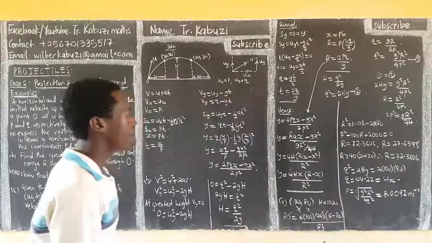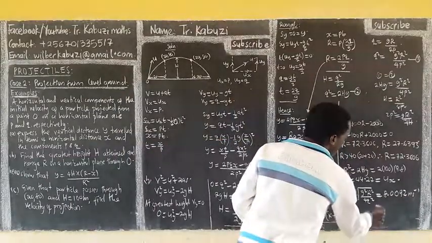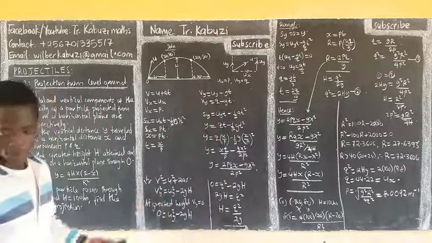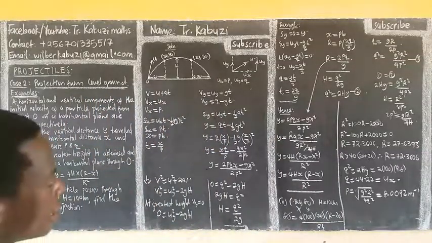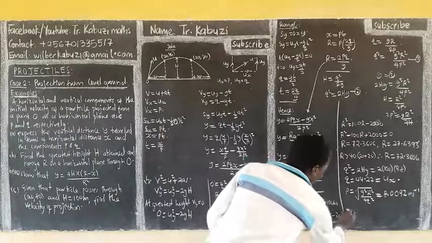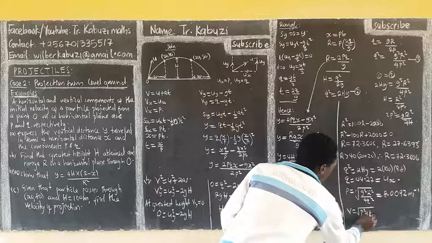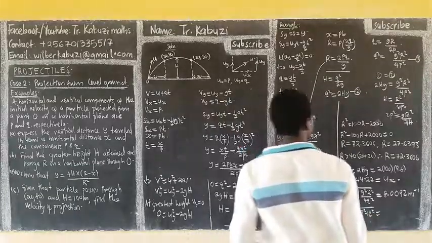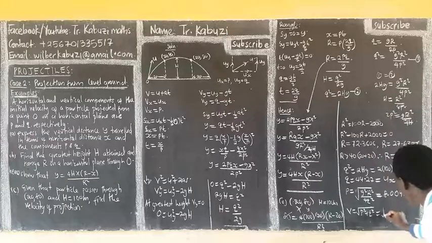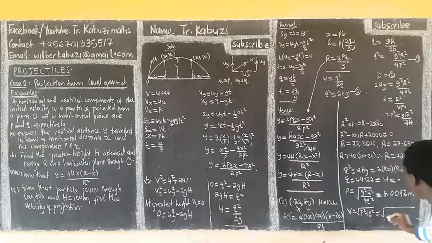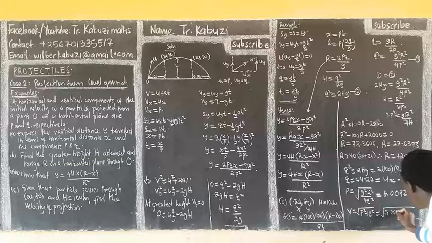Now my velocity v is going to be equal to the square root of P squared plus Q squared, which will be the square root of 8.0092 squared plus 44.27 squared.